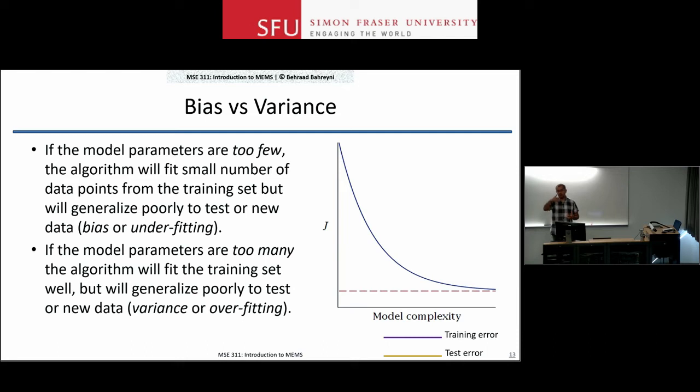As you choose a more flexible model, you can fit the data points in your training data set better and better. And that will keep improving, and there could be a plateau at some point because your model may not be able to fit all of that data, or there could be some inherent noise in there that prevents the error from going down to 0.